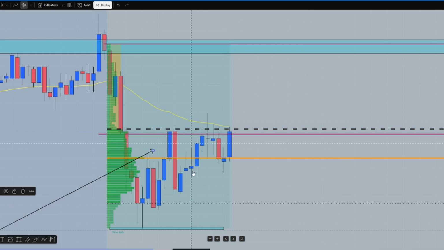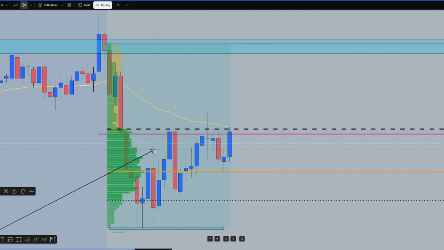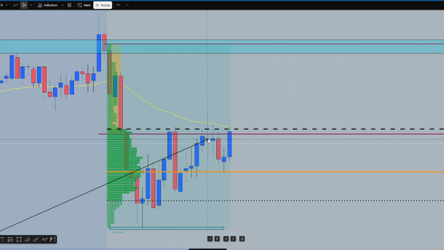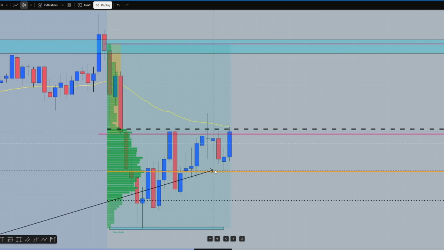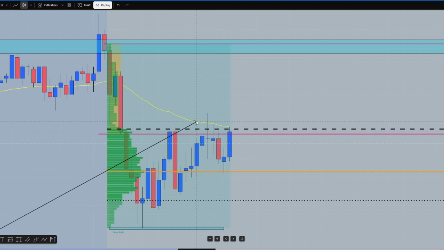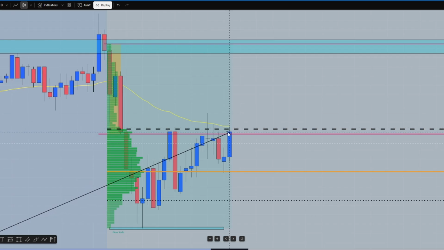And what I tell you, if price doesn't know what to do, like we have all these indecision candles right here, it's going to come back to test fair value. It's going to come back to test point of control. So now is where I get happy because now we have the EMA dropping pretty close to price, right? So now I'm ready to take a risky trade. This will be a risky trade.